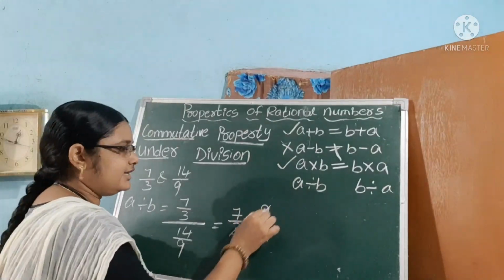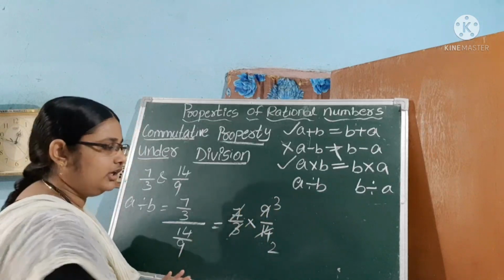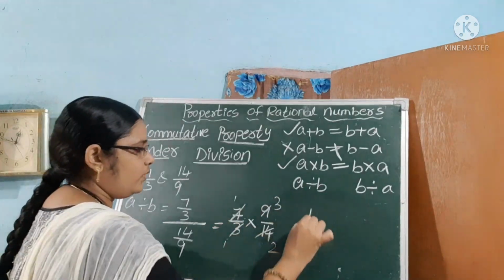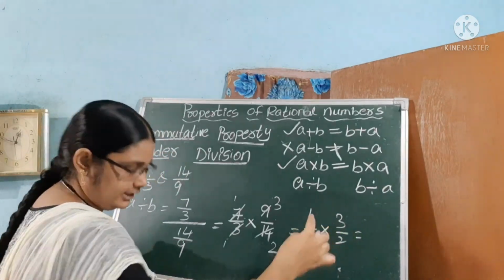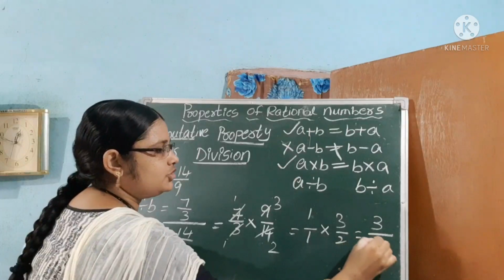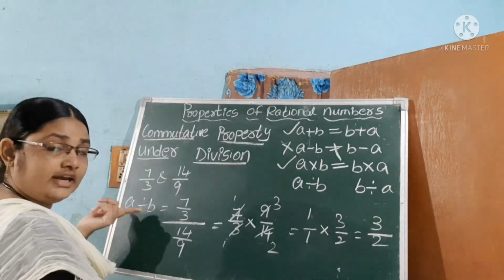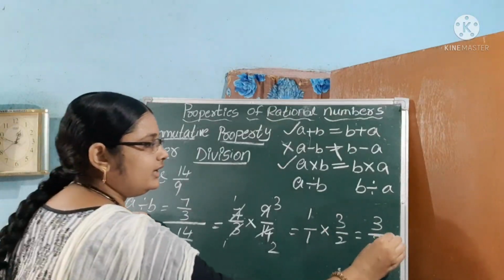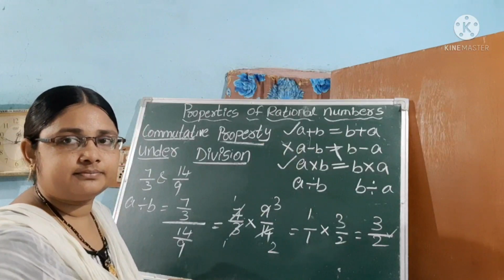So 3 3s are 9, 7 2s are 14. So 1 by 1 into 3 by 2, that means 3 1s are 3 and 1 2s are 2. Here A divided by B, what's the value we get? 3 by 2.